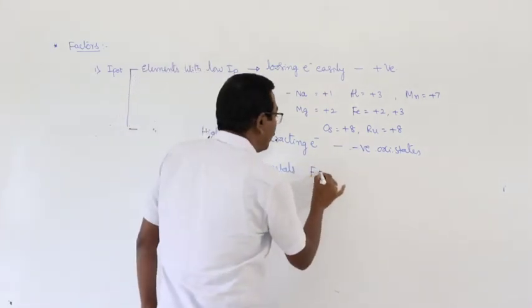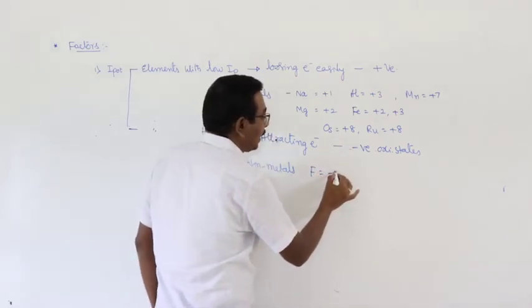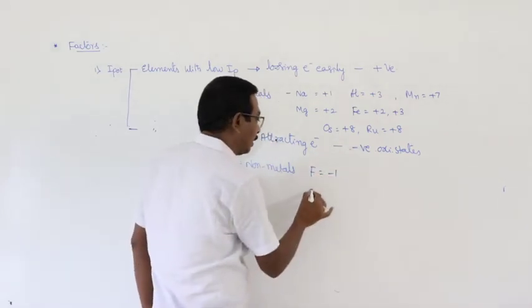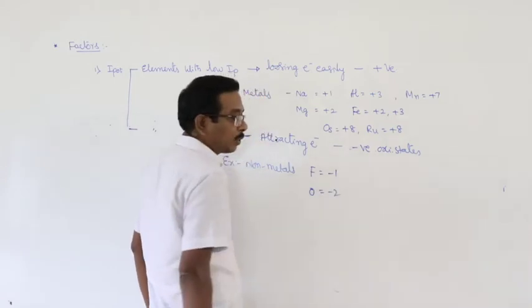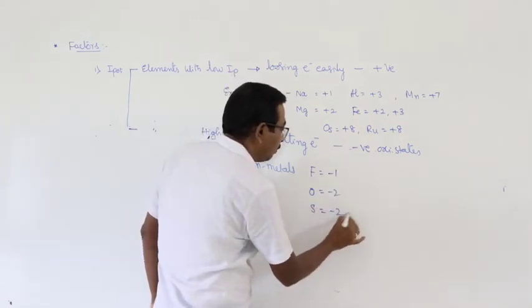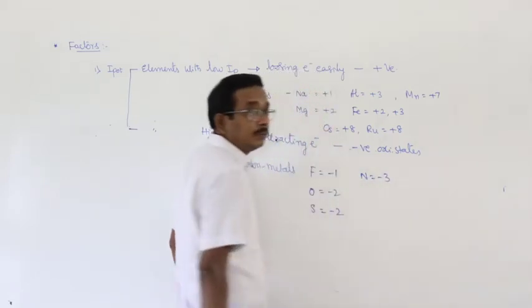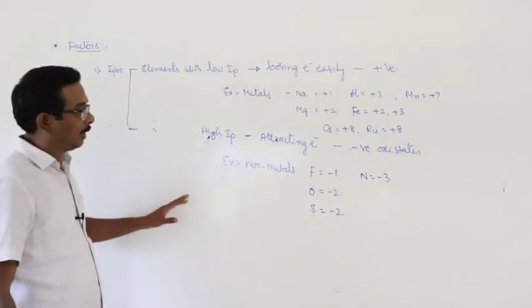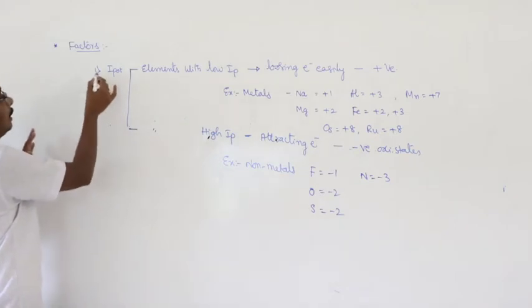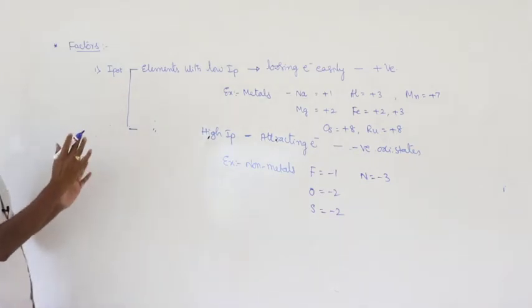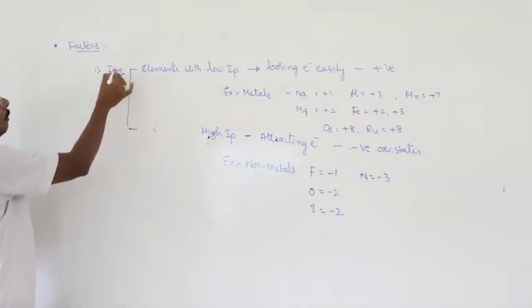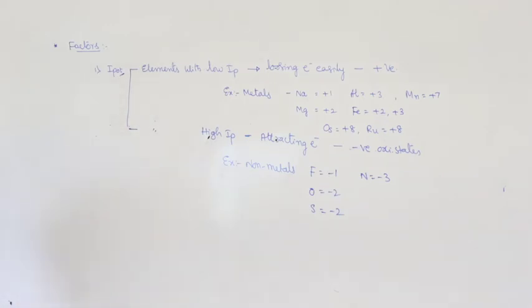Here fluorine exhibits only one oxidation state in the combined state, -1, oxygen -2, sulfur -2, nitrogen -3. And this is the way the ionization potential influences the oxidation states.